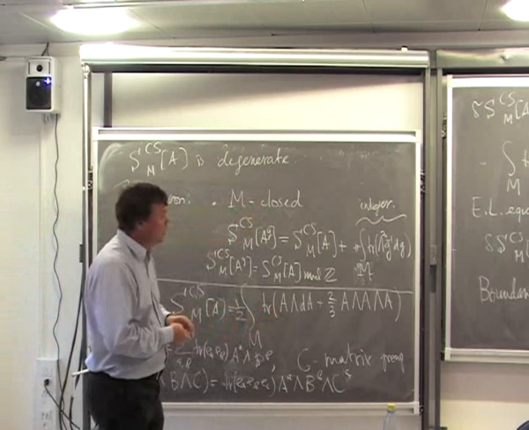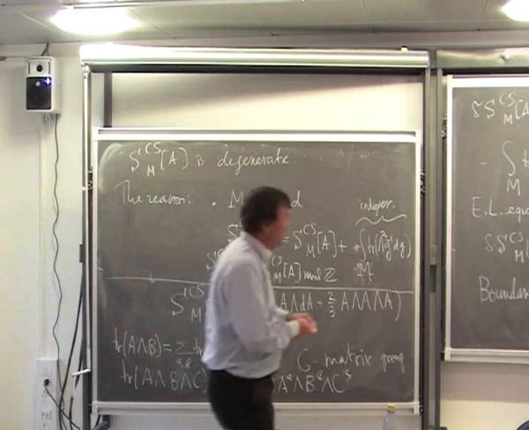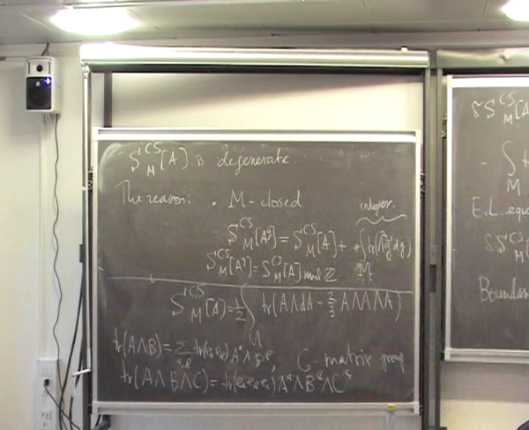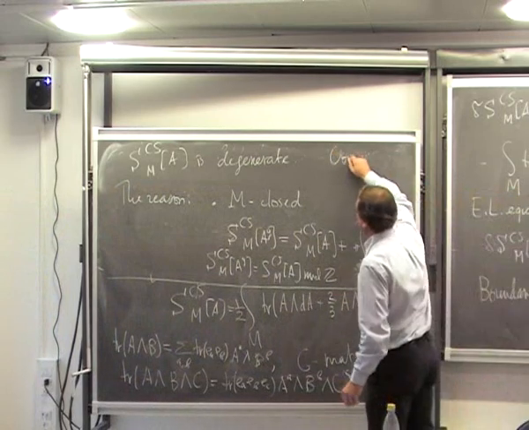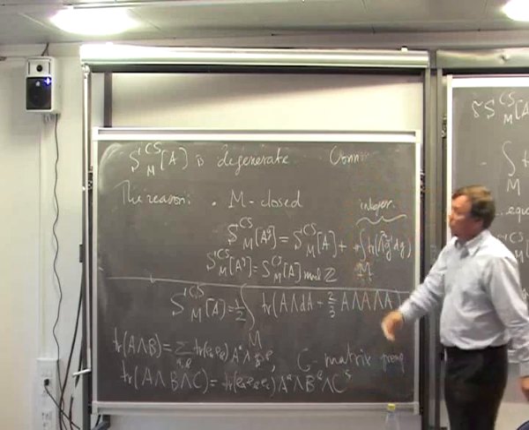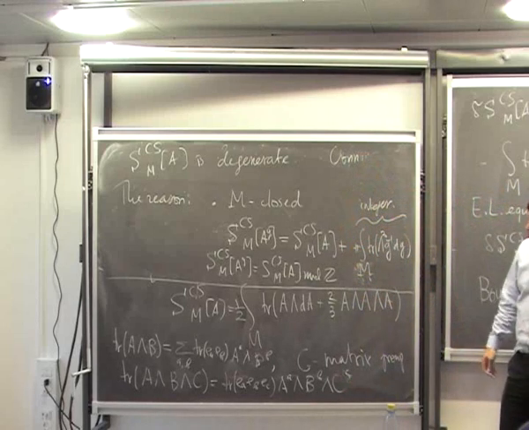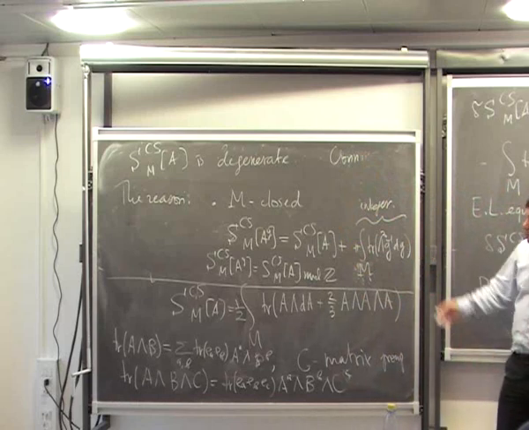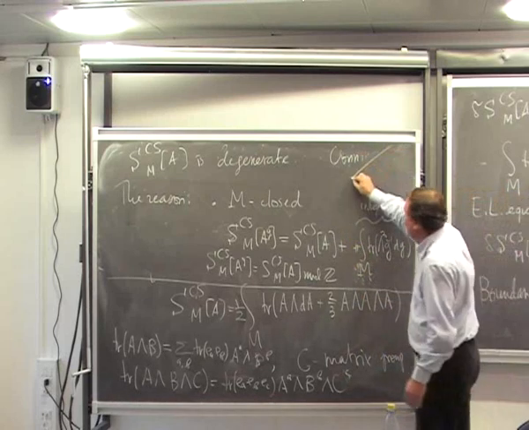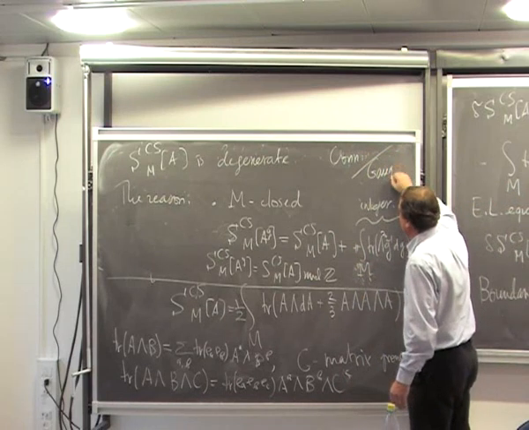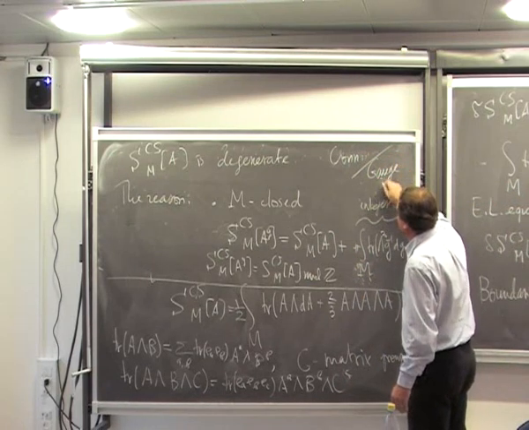And so we have to somehow, again, the moral is clear. Instead of the space of connections, where we have the gauge invariance of the action and where the action is degenerate, we have to pass to the quotient space by the gauge group.